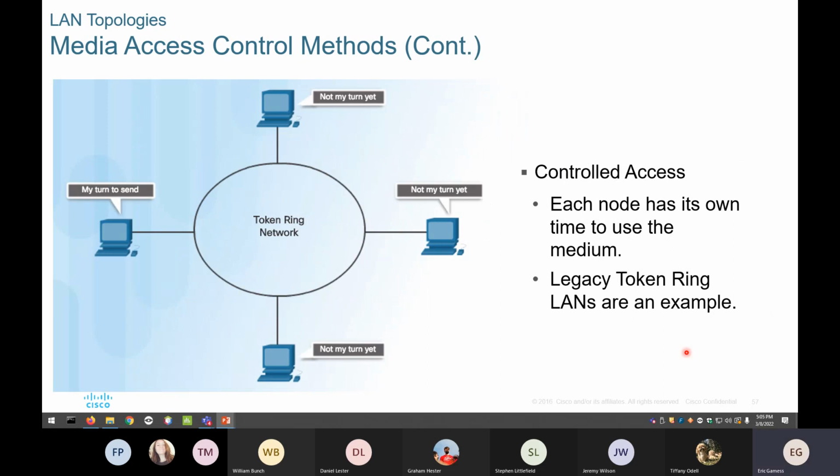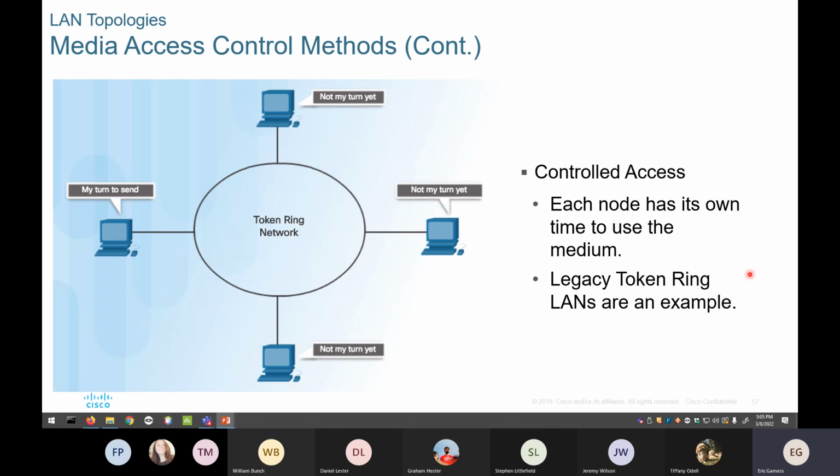So let me explain how, in a ring topology, we will access the medium. A few years ago, IBM created a network that is called token ring. And the way that we access the medium in token ring is through a token.